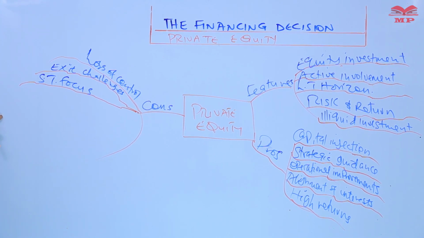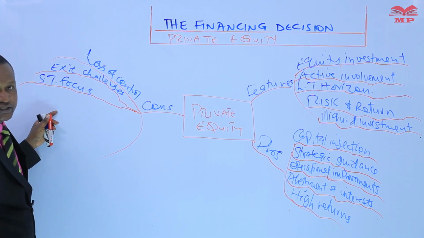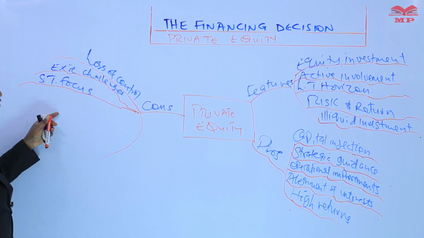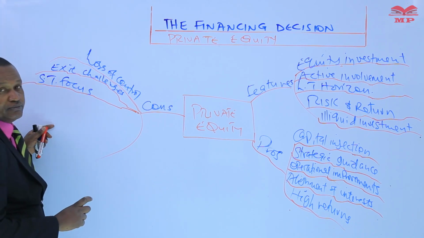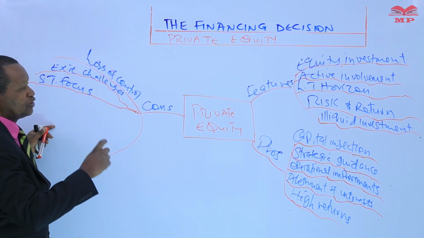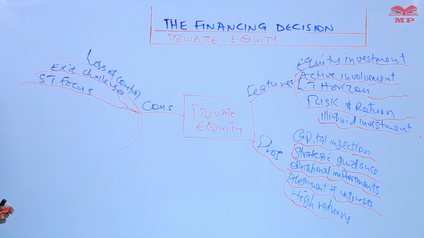Now, some critics have argued that private equity's emphasis on achieving short-term financial gains can sometimes lead to decisions that prioritize immediate profitability over long-term sustainability. It's normal for investors to want immediate profitability on their investment, and that can compromise the long-term sustainability of the company.